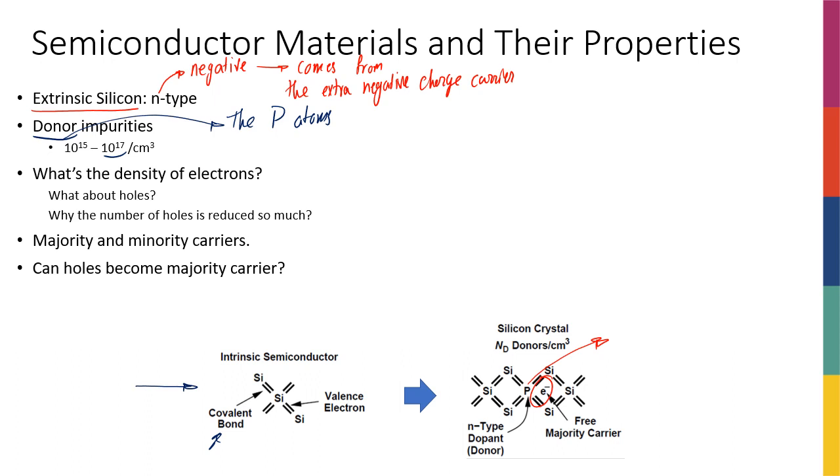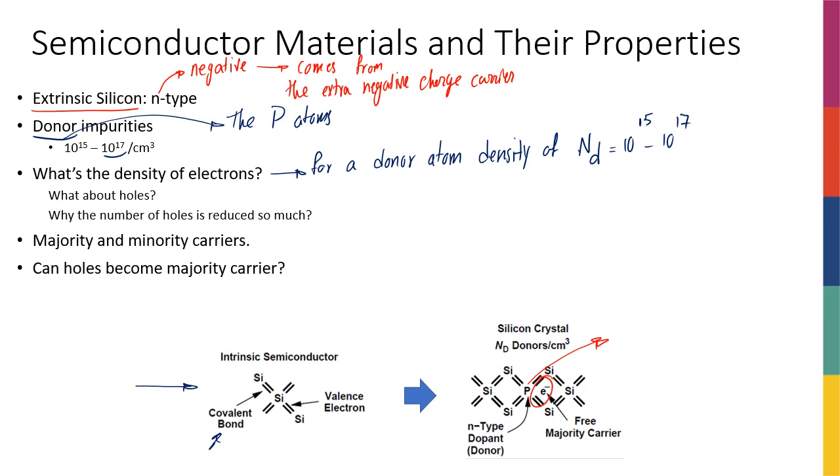Let's say that I have a donor density, or donor atom density, let's show it with ND, of 10 to the power of 15 to 10 to the power of 17.